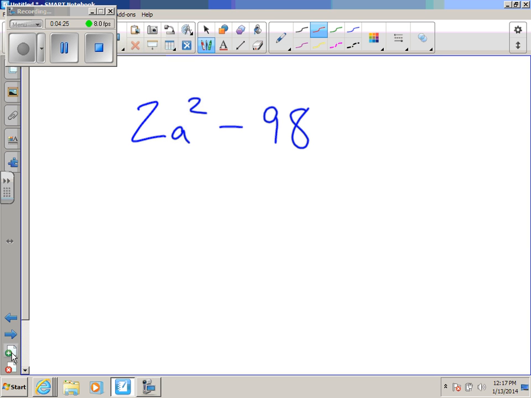First thing we need to do is look and see if there is a GCF. And if there is one, Marlia, what is it? 2. So watch what happens. I'll pull the 2 on the outside of the set of parentheses. Multiply 2 times what to get 2a squared? A squared, still negative, and then multiply 2 times what to get 98? 49.